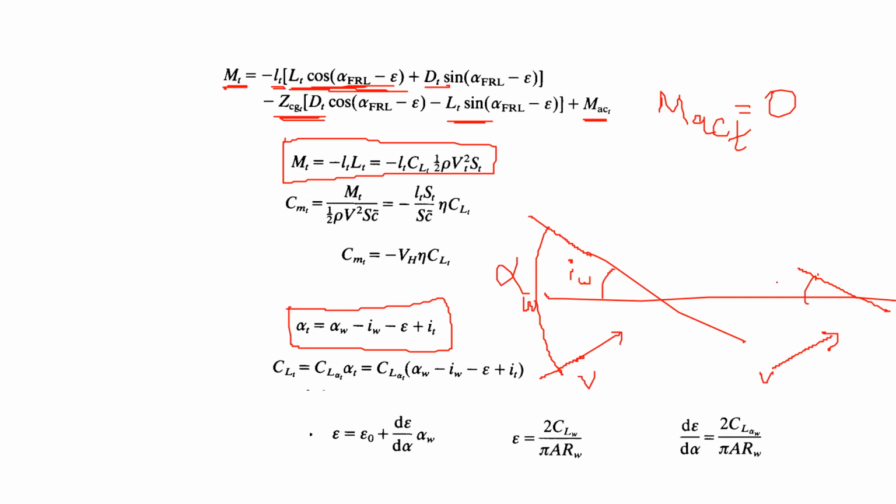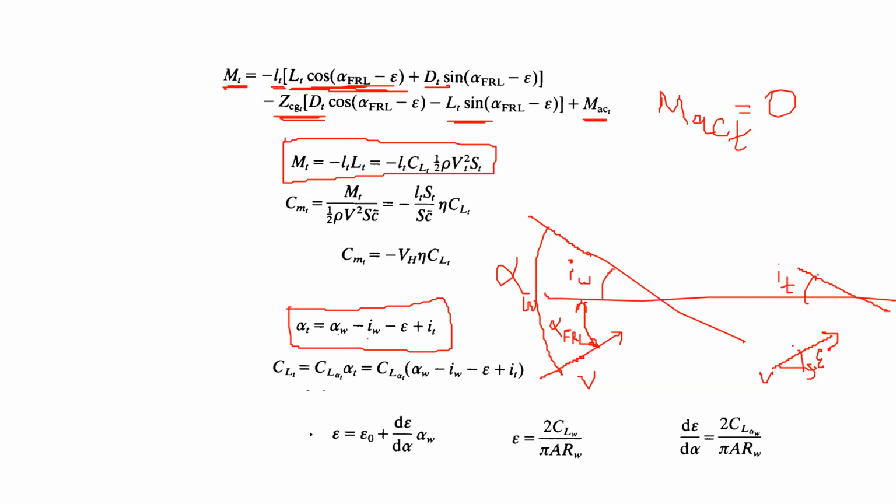This angle is IT. There is some downwash effect, epsilon. So what is happening here is, when you take this component alpha W minus IW, so alpha W is this whole angle minus IW, then you have this angle alpha from the fuselage reference line.